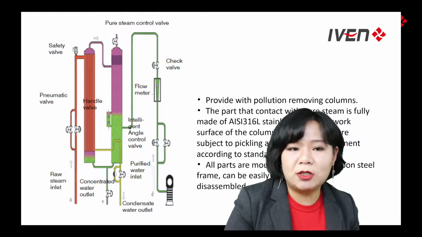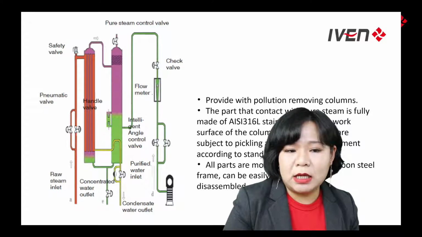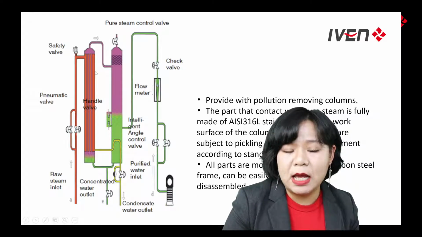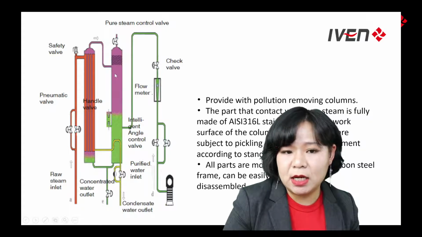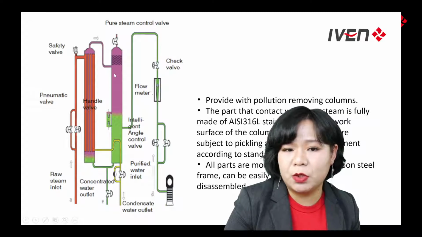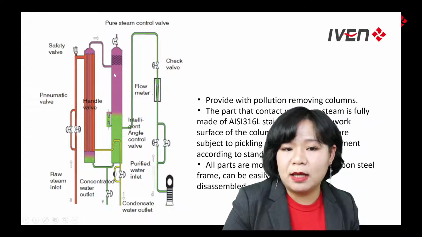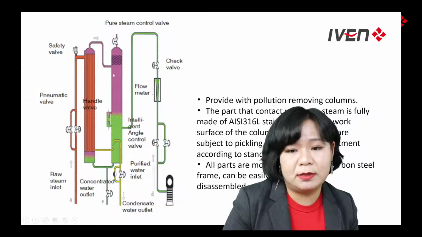This is the working procedure for the purified steam. The industrial steam will come into the column first and give heat to the purified water and make the water evaporate into steam. And we use chilled water to cool down and collect the pure steam.